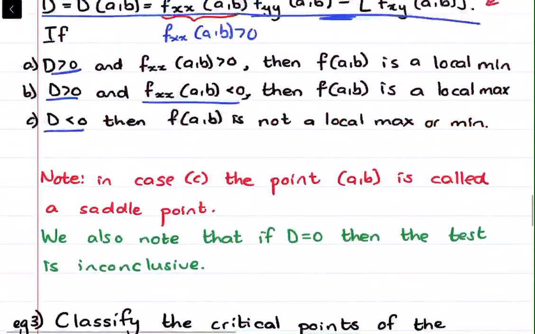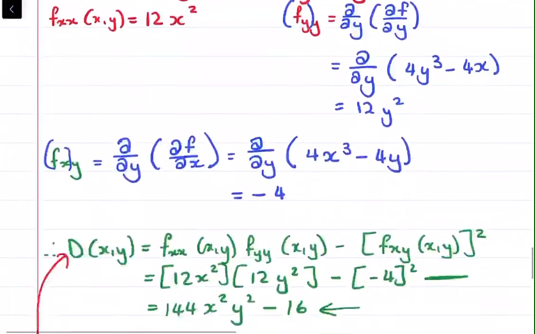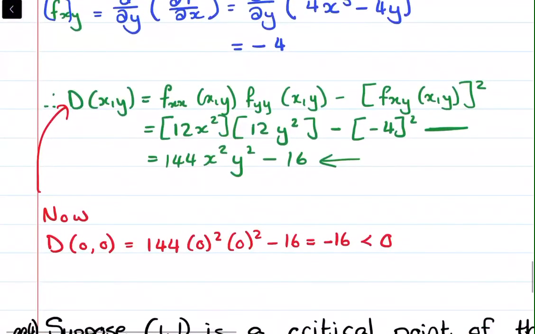So let's go. What does the test say? We are here. D is less than 0. So this means that f does not have a local minimum or a local maximum at (0, 0). And then what is written in red is that that point, which is (0, 0), is called a saddle point because of the fact that when we calculated D, we got a negative value.